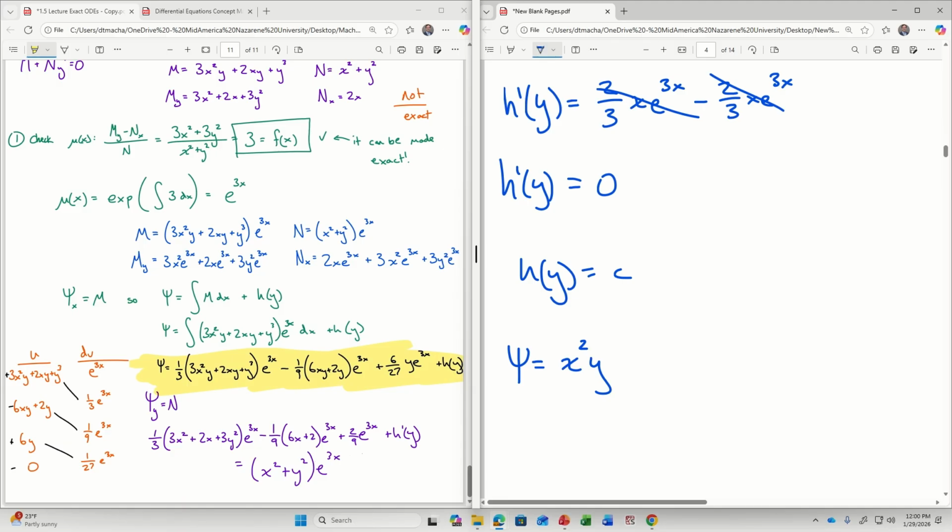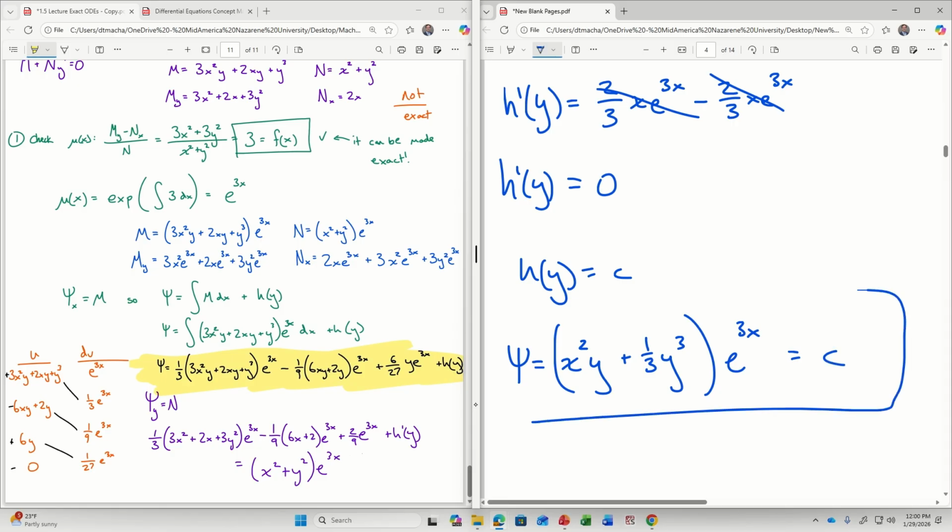I've got y cubed, or 1/3 y cubed. I've got negative 2/9 y plus 2/9 y, so that cancels. And this is just times e to the 3x. There's my solution.